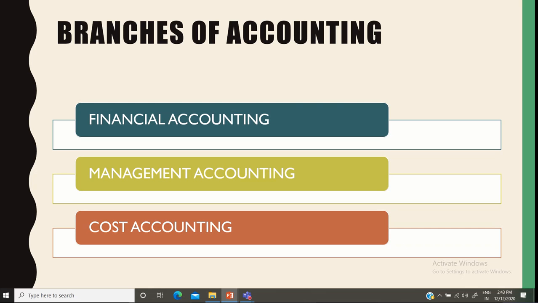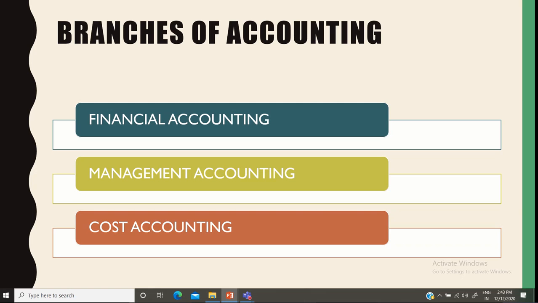It can be stakeholders, shareholders, the government or tax authorities, even the top officials of your company. You have to give those data after making analysis and interpretation, so that they can make decisions out of that. They can plan about their future.